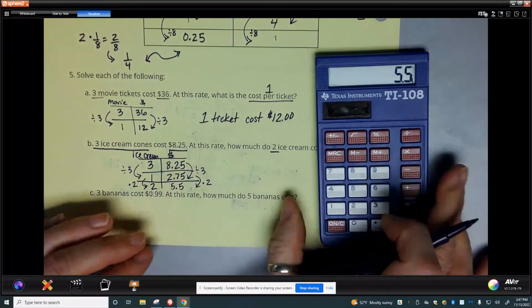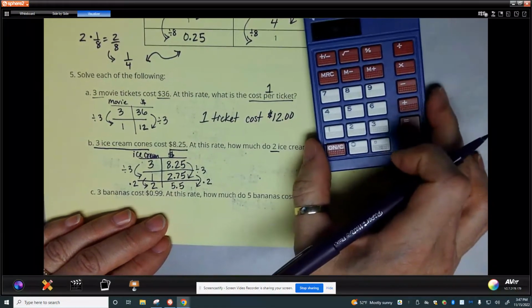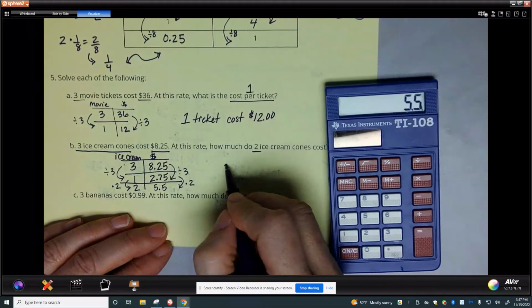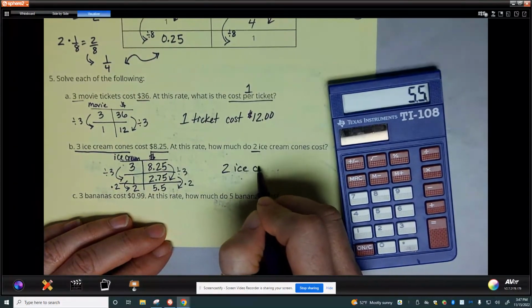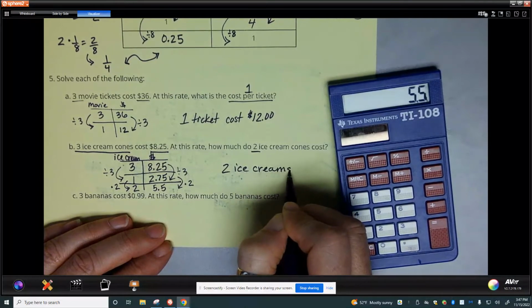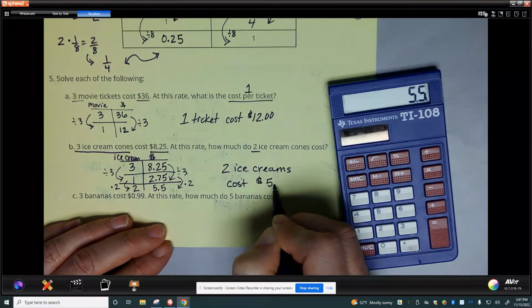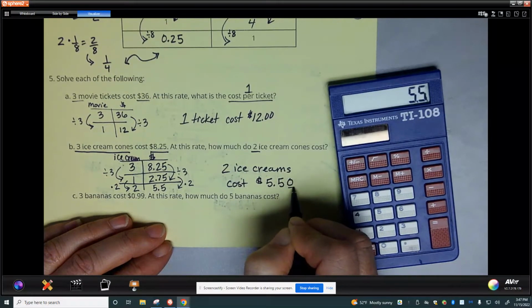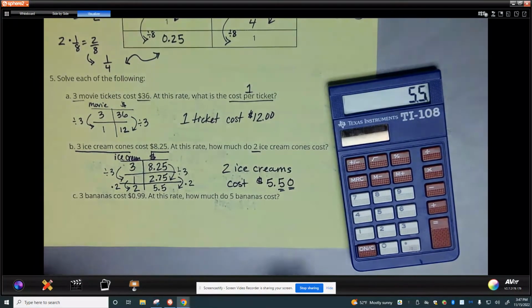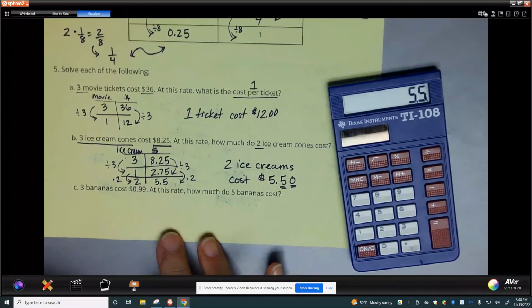Now you need to think about what that means in money. 2 ice creams cost $5.50 because we have to put in those 2 placeholders for change or the decimals in American money.